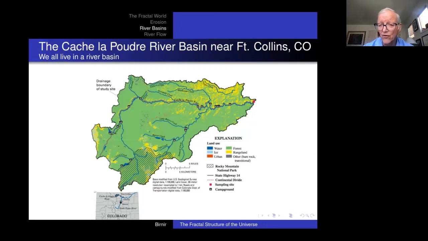That covers most of the continental United States. Now, we all live in river basins, and they all have this oblong structure. And one can actually understand from the self-similar structure why the structure is oblong.